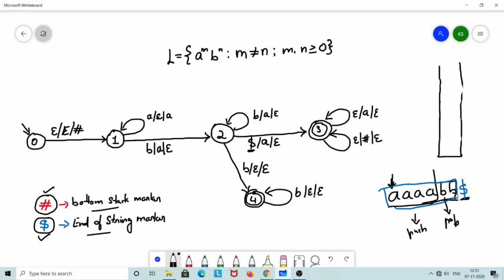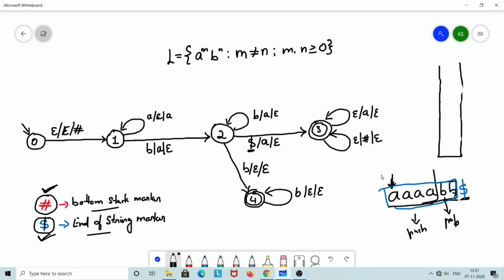We did not get a clear idea when or how the bottom of the stack marker has helped in reducing the non-determinism, but we have understood how the usage of this dollar symbol at the end of our string has reduced the non-determinism in our solution.